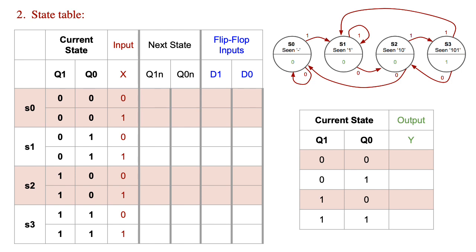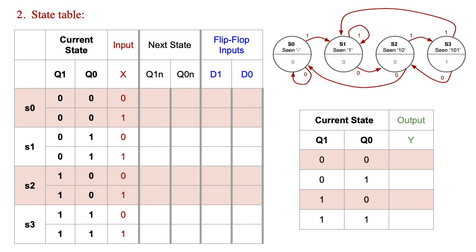Now the next step is to complete the state table for that state diagram. Notice that we have a total of 4 states, so we'll use D flip-flops. Since we have 4 states, remember the formula says log base 2 of the number of states.